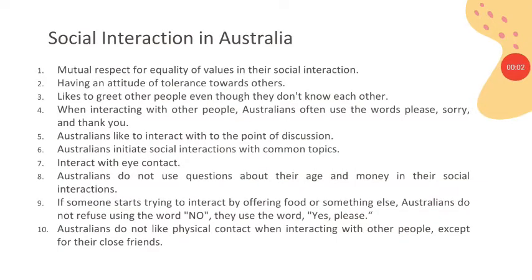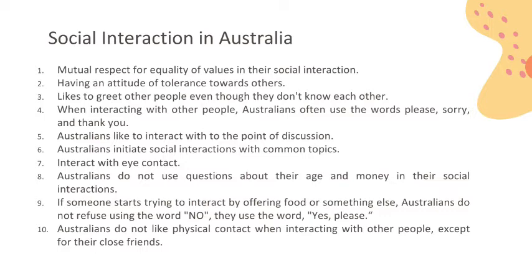Okay, I will continue to discuss the social interactions of the Australian people. The first is that Australians have mutual respect for equality of values in their social interaction. And then the second, they have an attitude of tolerance towards other people because the tolerance they have can build social interactions well.